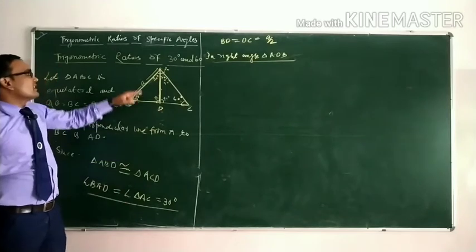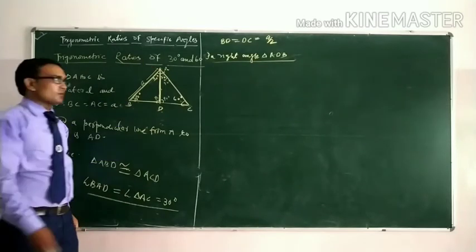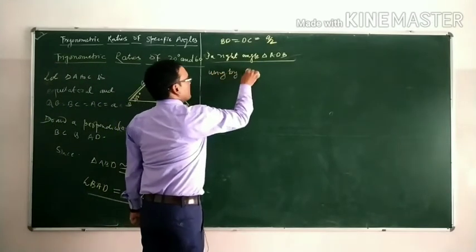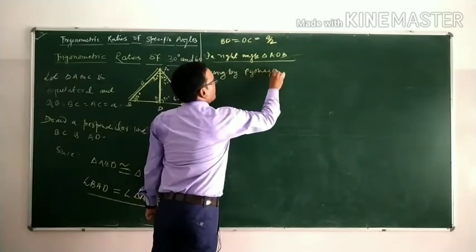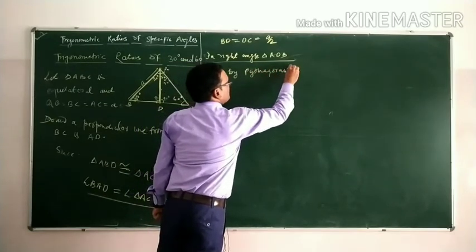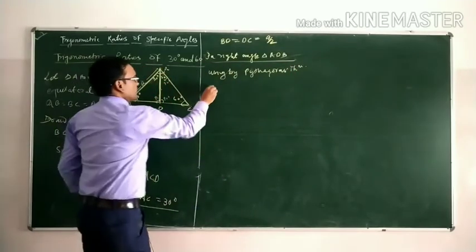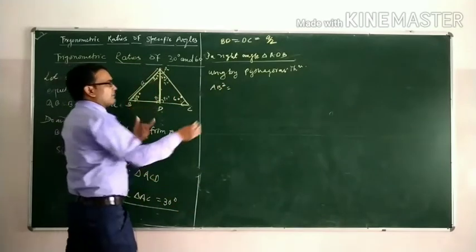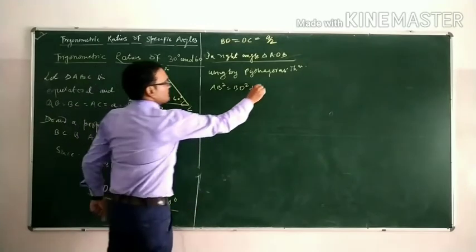In the right angle triangle ABD, by Pythagoras theorem, the square of AB is equal to the square of BD plus the square of AD.